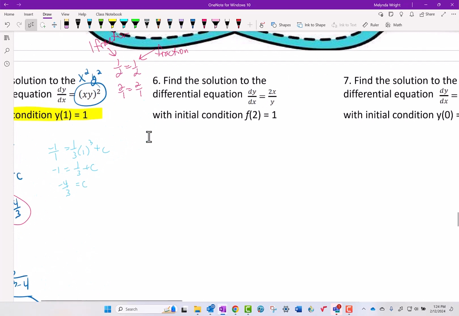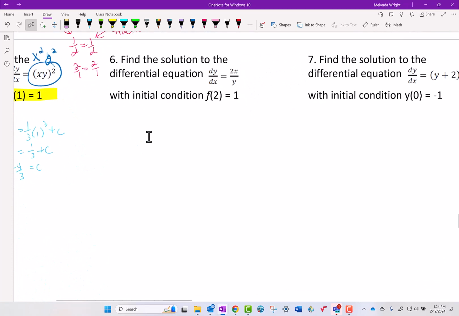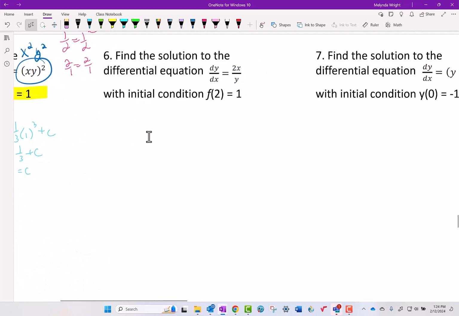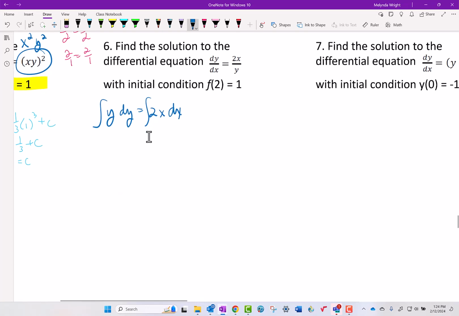So here we go. So let's separate. So I have y dy equals 2x dx. Okay. So we're going to do our antiderivatives, just reversal power rule. So it's 1/2 y squared equals, let's see, the antiderivative of 2x is x squared plus c.